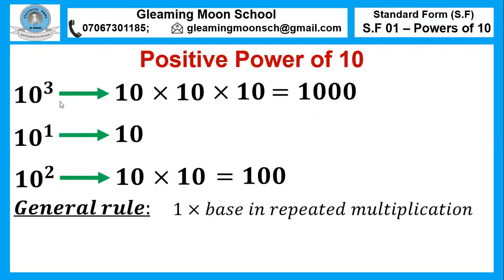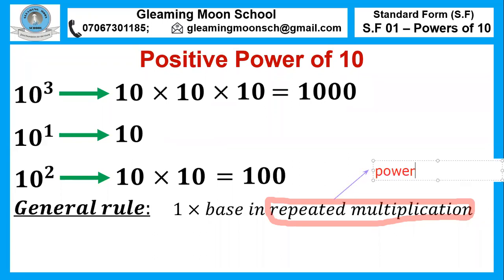Start from 1 times base in repeated multiplication. Now remember that this repeated multiplication will be determined by the power. So what the power says will determine how many repeated multiplications we will have.